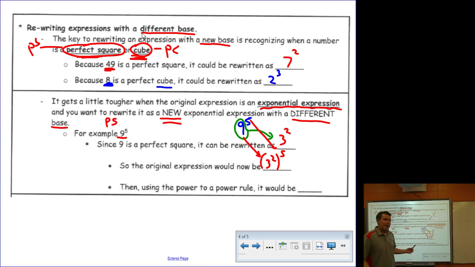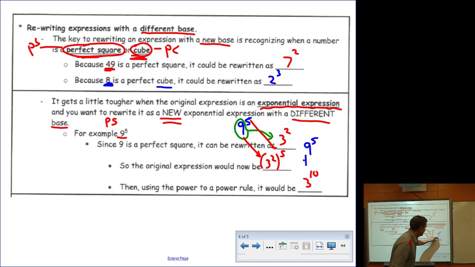Then, using my power to a power rule, I can multiply the exponents together, and I get 3 to the 10th power. So I claim 9 to the 5th and 3 to the 10th are equivalent expressions. I just rewrote it so the base was smaller. The base is a 3 instead of a 9.